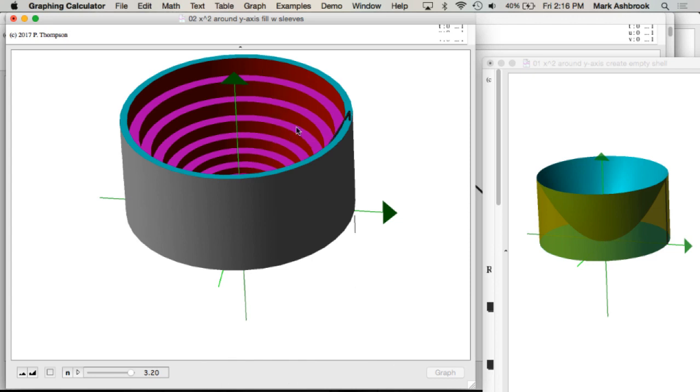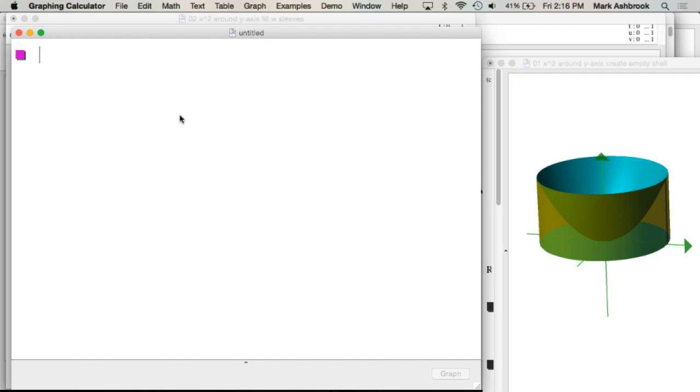So I'll just open up a new window here. We can say our volume, use control 9 to define functions, equals. For integral, you use control shift I. We're going to go from 0 to x, what do we say? 2 pi t to the 4th, is that right? And we want dt.